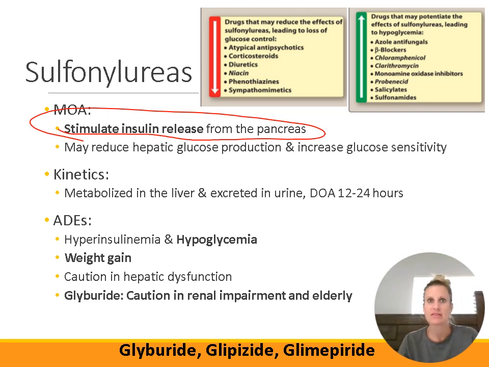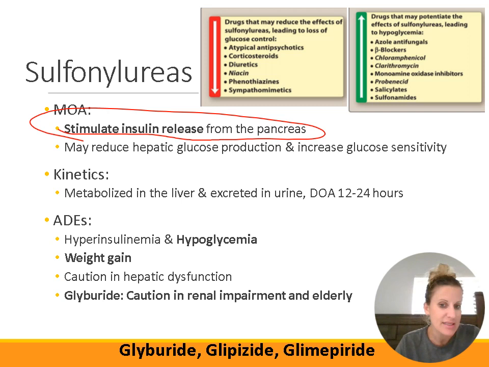So that means the pancreas has to be able to make insulin in order for these to work. So sulfonylureas cannot be used for type 1 diabetes, right? They wouldn't do any good because the pancreas isn't making insulin. So these are only for type 2 diabetes in patients who still have a working pancreas.